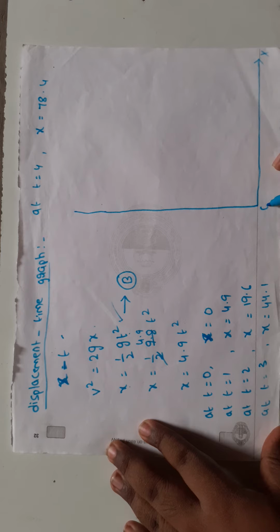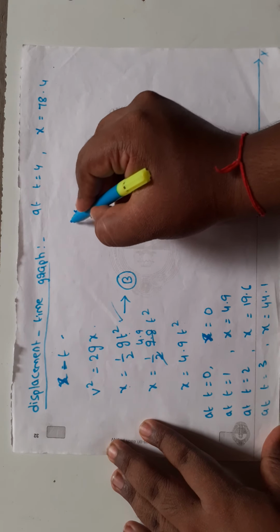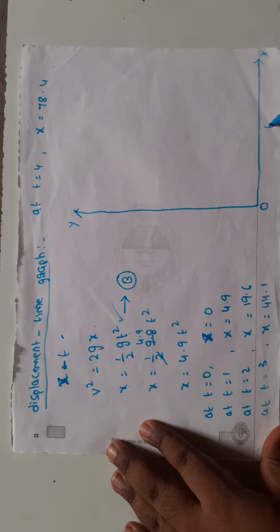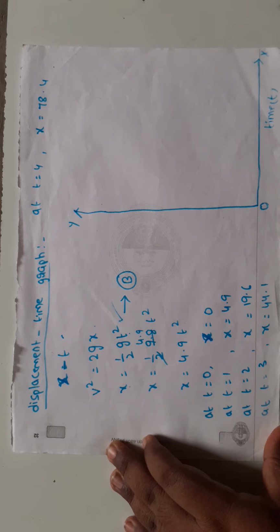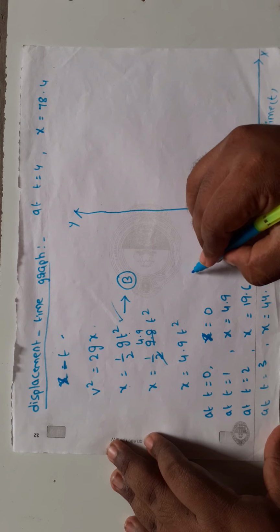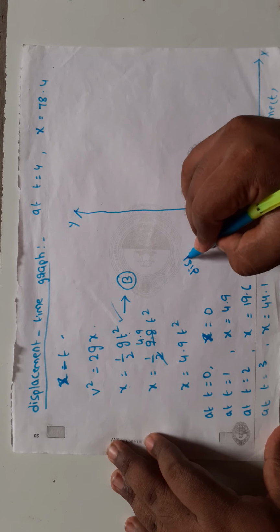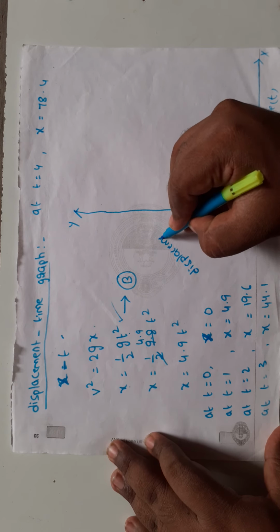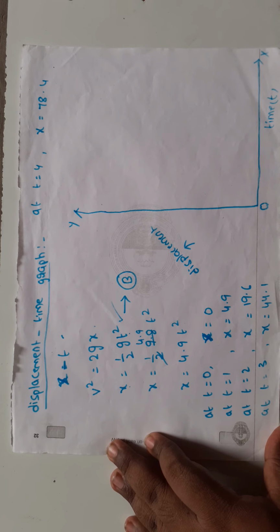This is the origin, this is the y-axis. Along the x-axis I am taking the time t, along the y-axis I am taking the displacement x. Time along the x-axis 0, 1, 2, 3 second, 4 second, 5 second, 6 second, 7 second.